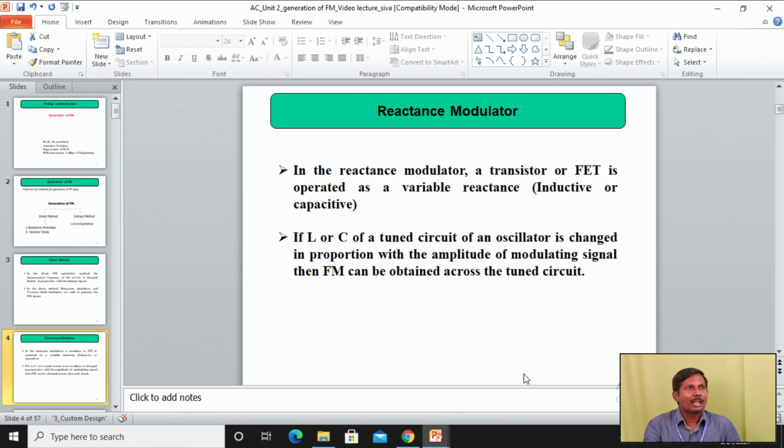In the reactance modulator, the transistor or FET is operated as a variable resistance. The variable reactance may be inductive or capacitive. If the inductance or capacitance of the tuned circuit of the oscillator is changed in proportion with the amplitude of the modulating signal, then FM can be obtained across the tuned circuit.